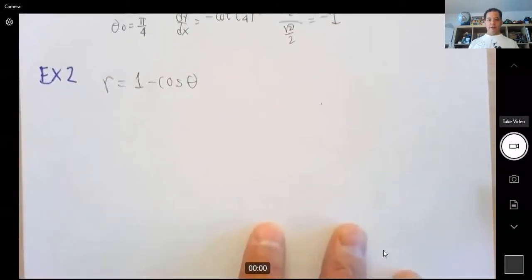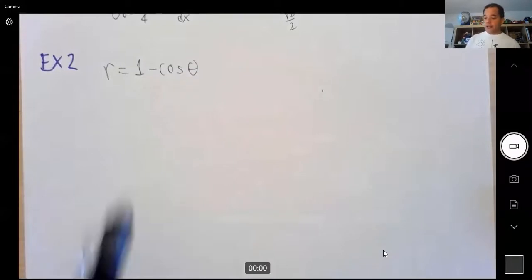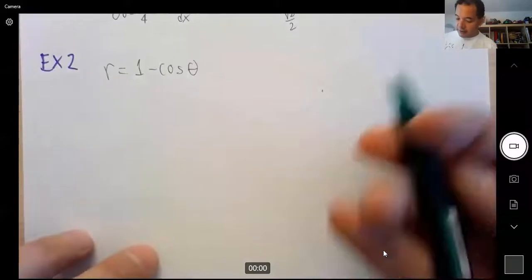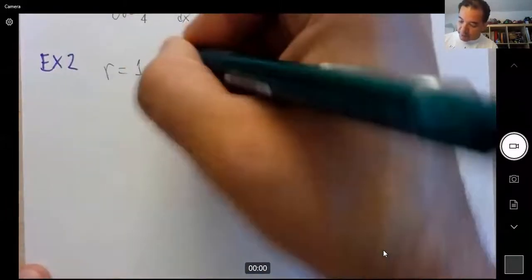So this is our new function that we need to work on. So it's a cardioid. Maybe we should do a little bit of extra work. Let's actually try to sketch the graph of this, right? Let's start with that. So it says from negative pi to pi.